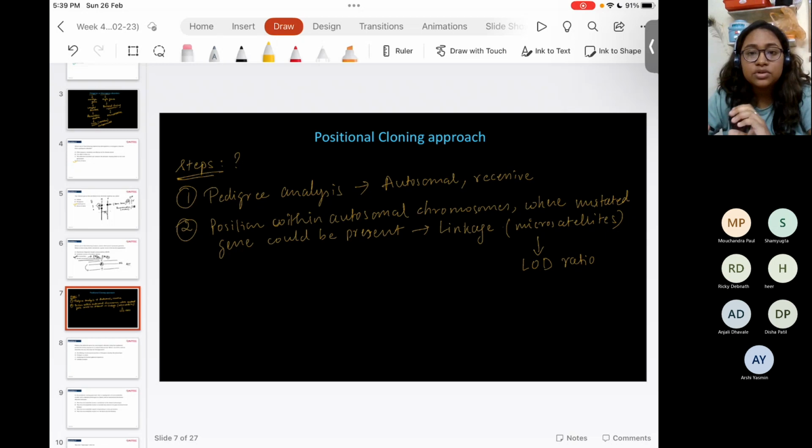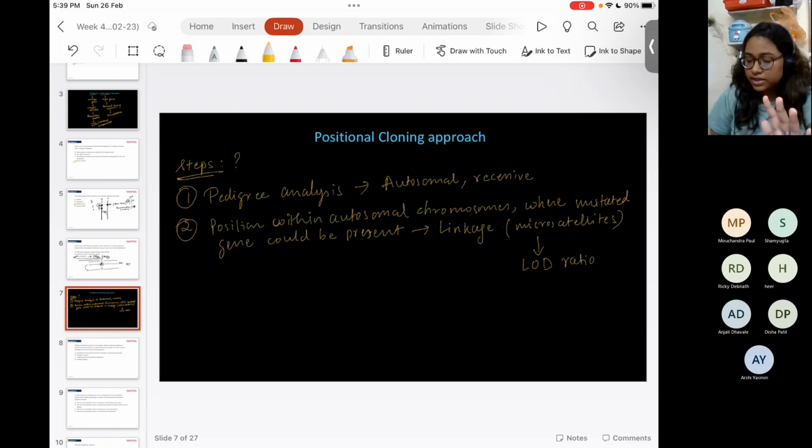Then you use these markers to identify the region of the chromosome. So by now, from 22 chromosomes you can come down to one chromosome where a small region is your target site, where you assume the candidate gene, the mutated gene, would be present.